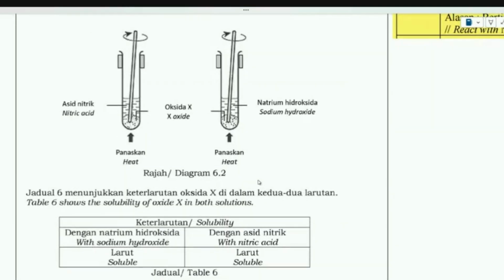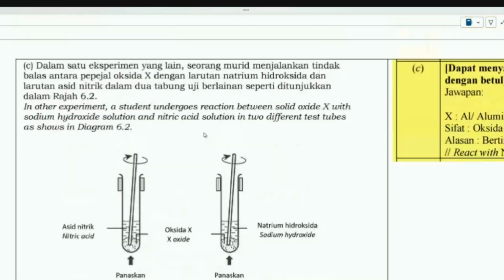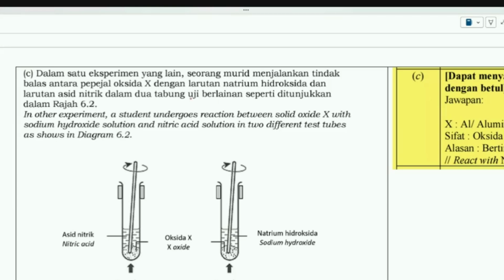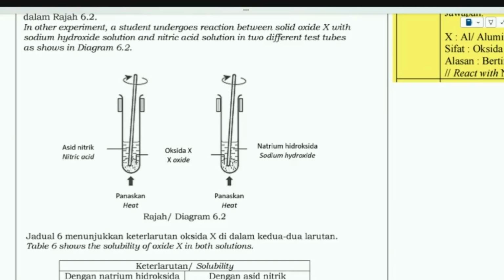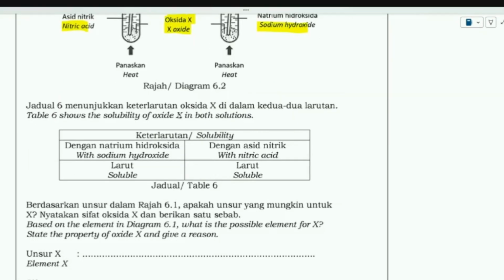Okay, now how about this? A student undergoes a reaction with solid oxide X, sodium hydroxide and nitric acid. Oxide X is put into both acid and sodium hydroxide, like just now. But here you see the solubility is soluble, and these are also soluble.